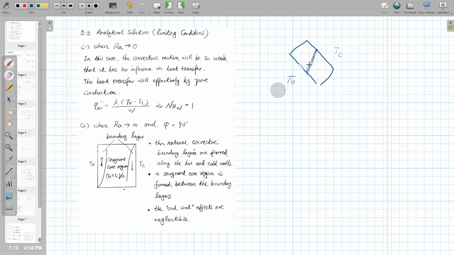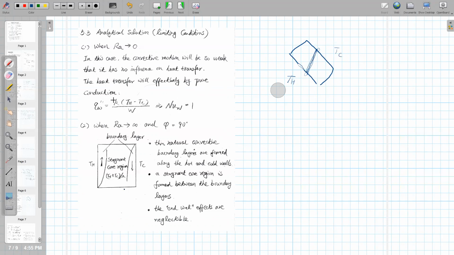This gradient is equal to TH minus TC divided by W. And the wall heat flux at this location will be just k times this gradient. So q_w prime will be equal to k times TH minus TC divided by W.